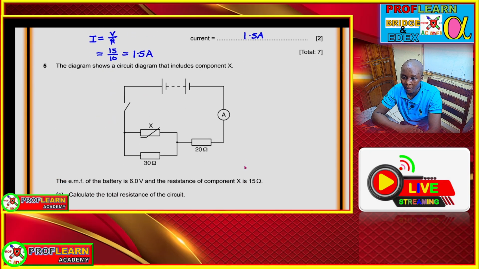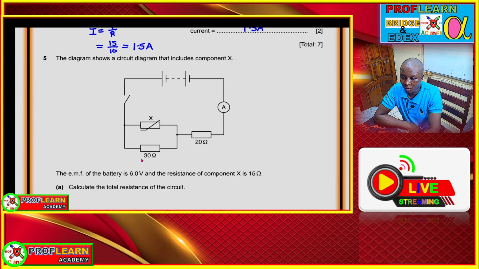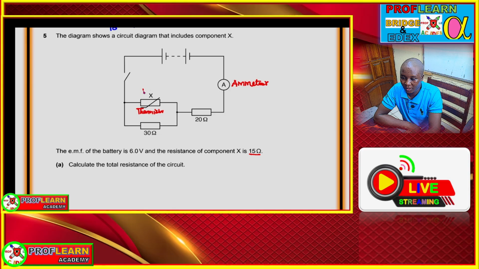As we also have question number 5 on electrical circuits and how to work out the total resistance. This is the ammeter, this is the thermistor, and then we have fixed resistors there, which is 15 ohms and 30 ohms. So we are going to work out the total resistance of the circuit, but we have two connections which are parallel and one combination of series.